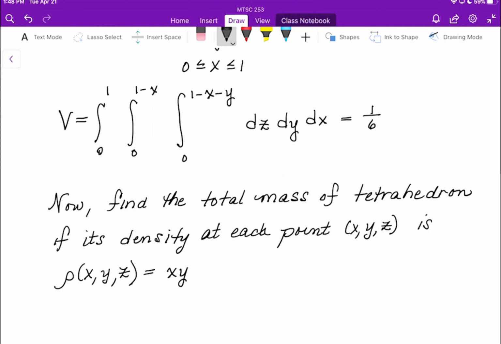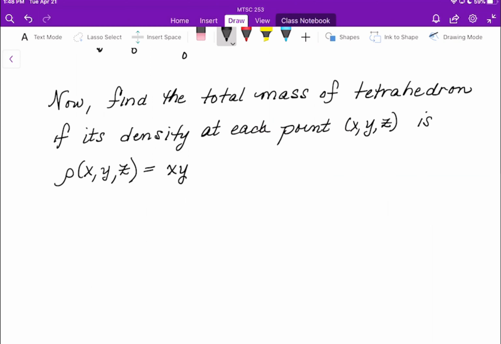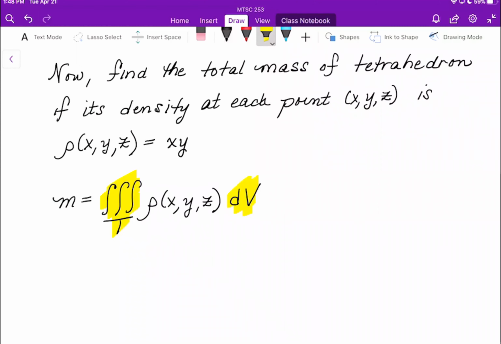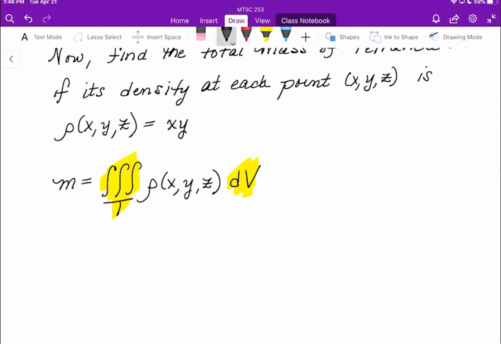So now our mass is the triple integral over the region T of our density dV. What's cool is we've already figured out this part and this part, because we figured it out when we did our volume.